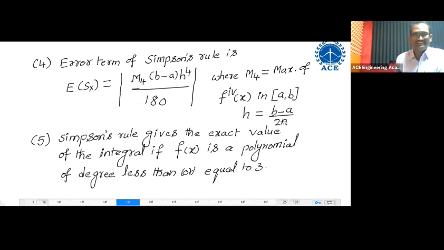Hope you understand. Now, the error term contains M4, and M4 contains the fourth derivative. So the error order is 4. So the error order of Simpson's rule is 4.